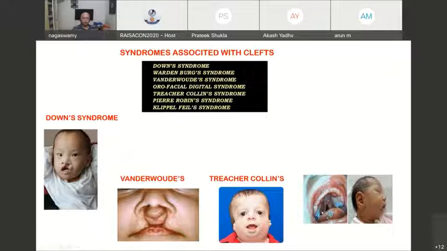These children usually have only an incomplete cleft of the soft palate alone, so it won't even enter into the hard palate. If this child comes, it is a very, very challenging case for management.